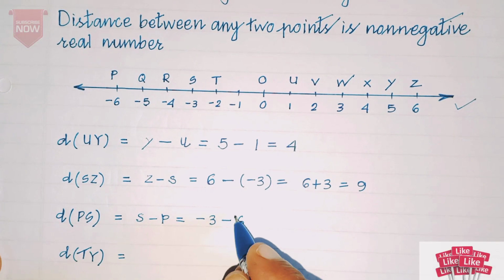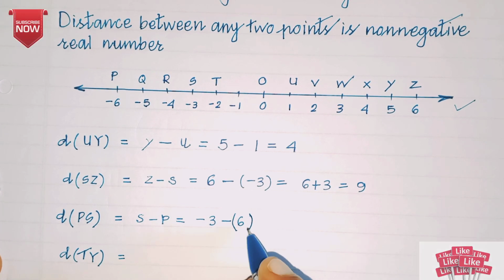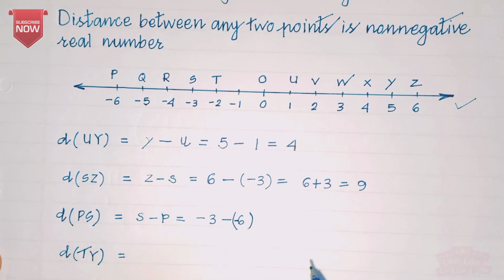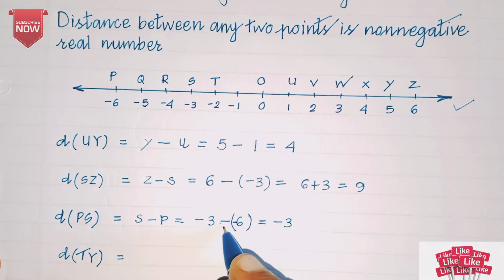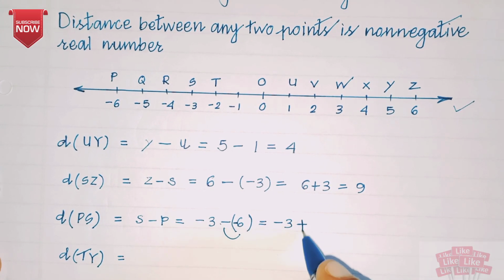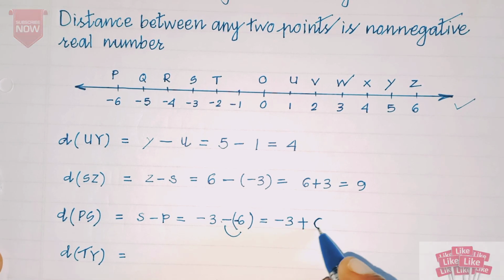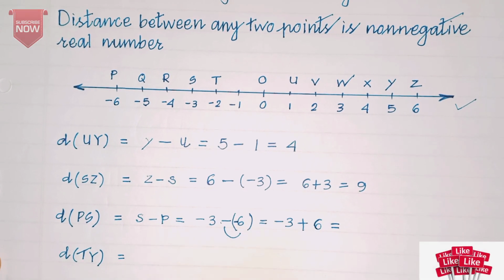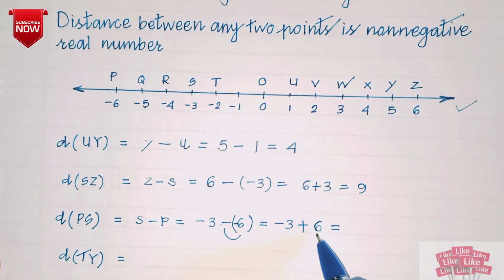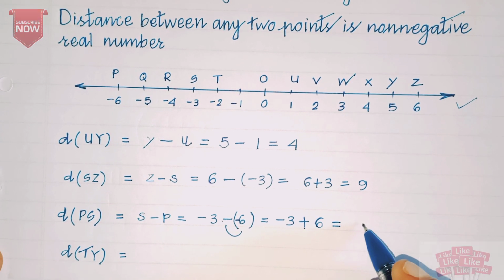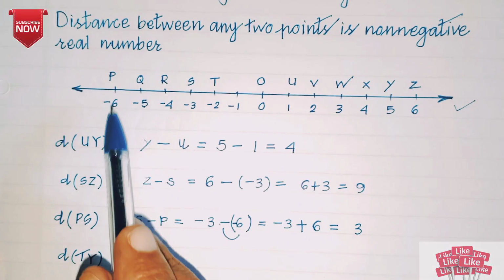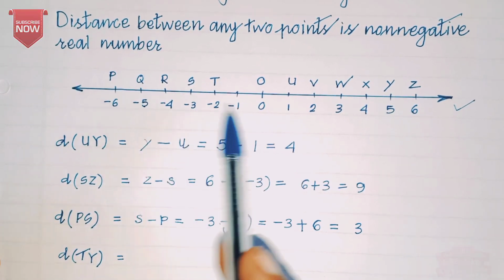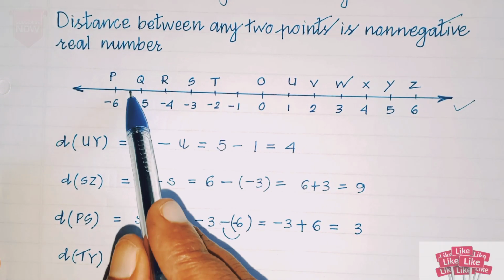It is minus 6. So here minus 3 minus into minus, it will be plus 6. Now make an addition: 6 minus 3, it is 3. So your answer is equal to 3. You can verify it. In between P and S, 1, 2, 3.